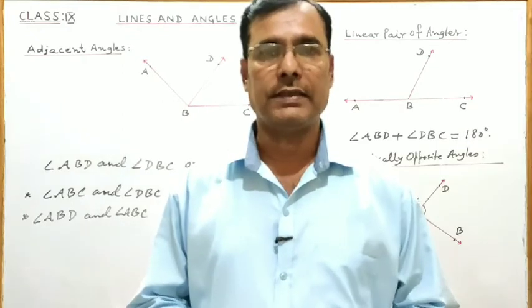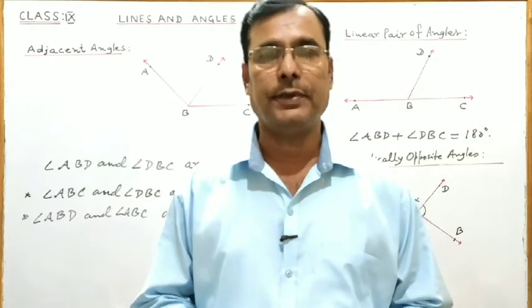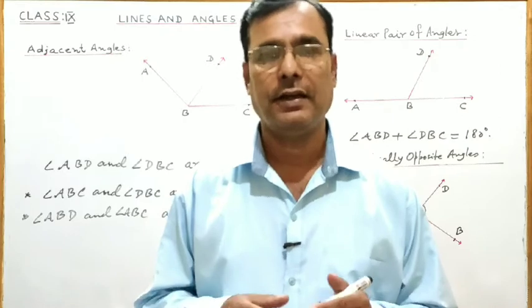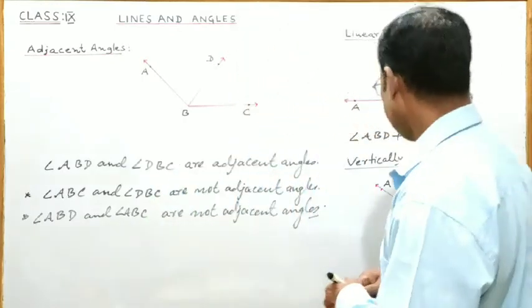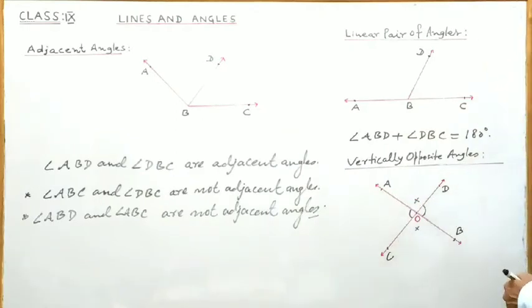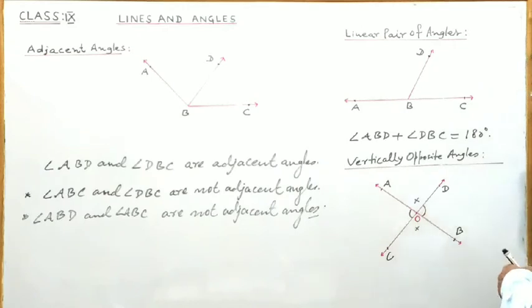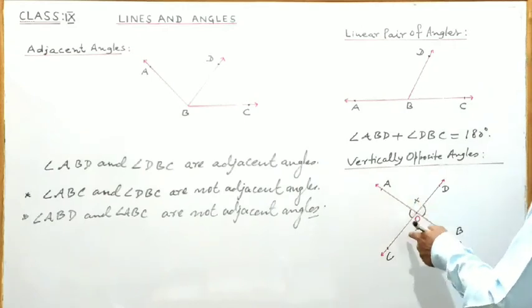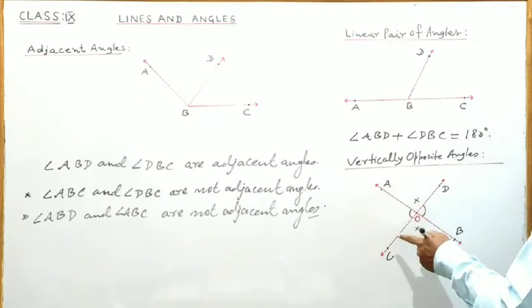When two lines intersect each other at a point, then two pairs of vertically opposite angles are formed and they are equal. Here in the figure, AB and CD are two straight lines which intersect each other at a point O. Then in this figure, two pairs of vertically opposite angles are formed.